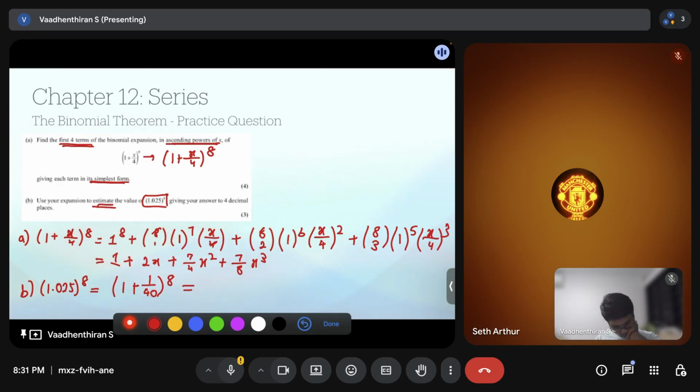They are just asking you to use this form. I think there's some error, or you need to make this 1 by 40 into x by 4 and then use this expanded form, substitute it and then solve it.